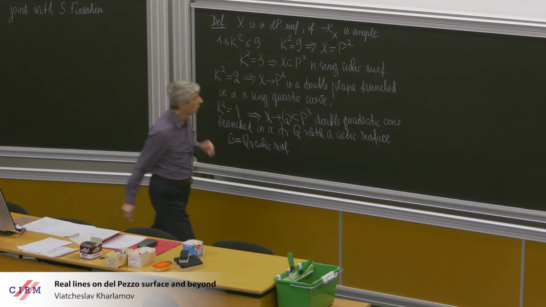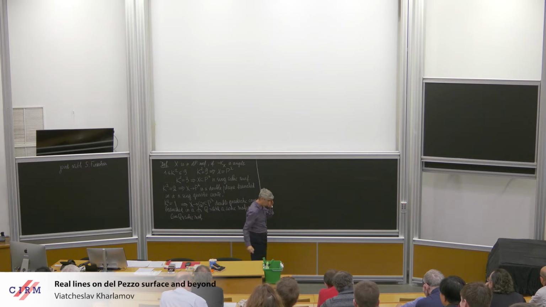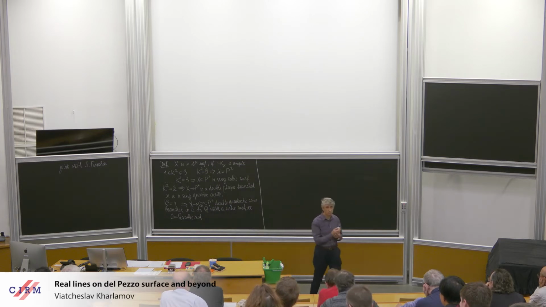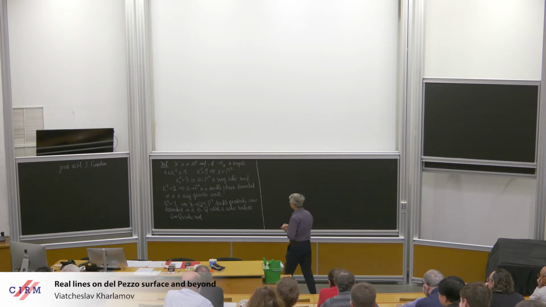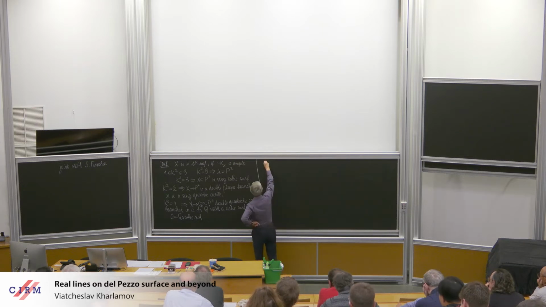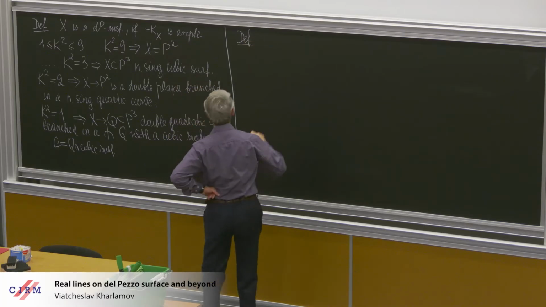Okay. So I gave the definition of surfaces. Now I should define what is a line on the surface. The definition is as follows.